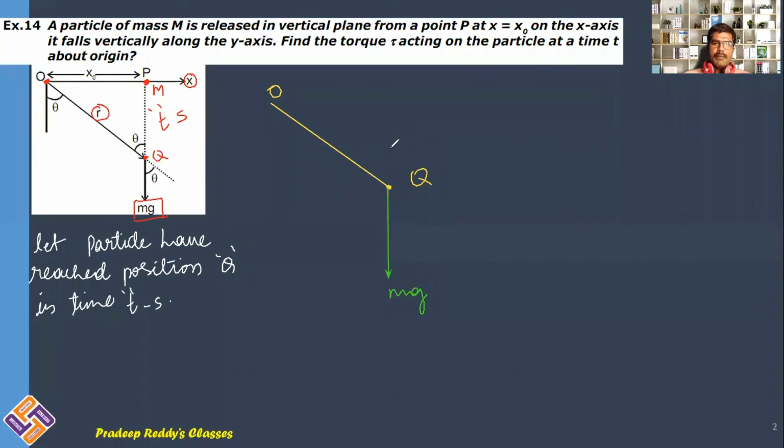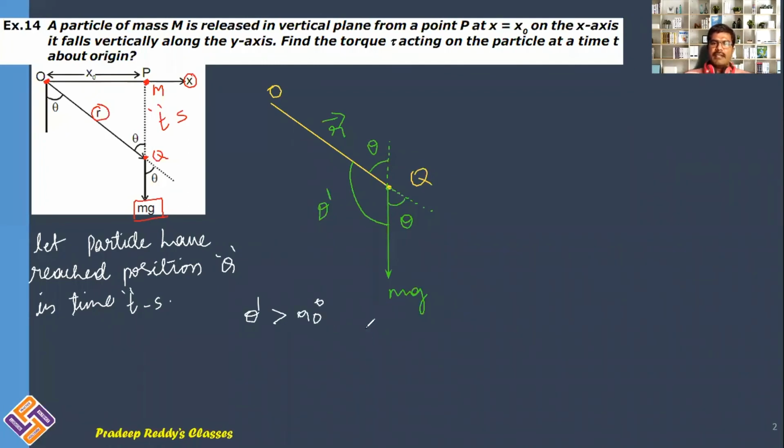It is mentioned this angle is theta, and obviously this angle would also become theta. Now, the angle between R bar and mg bar is theta dash, which is greater than 90 degrees.